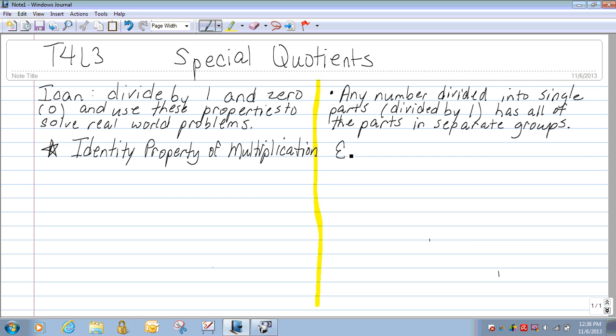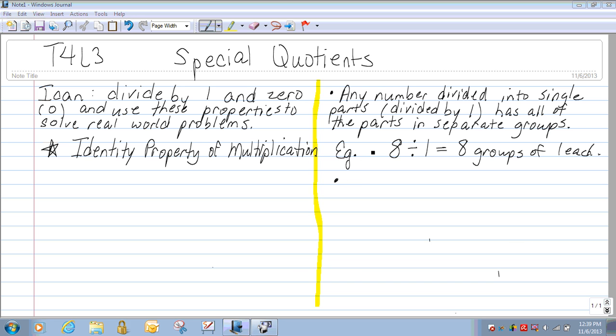And an example written with a number sentence is just this: 8 divided into groups of 1 each, you are going to have 8 groups of 1 each.